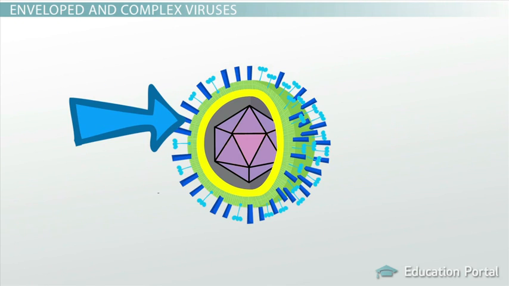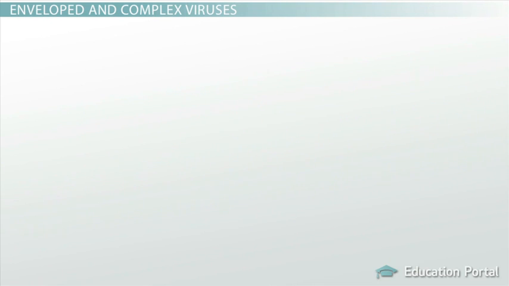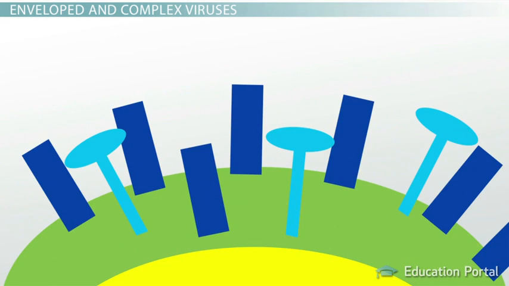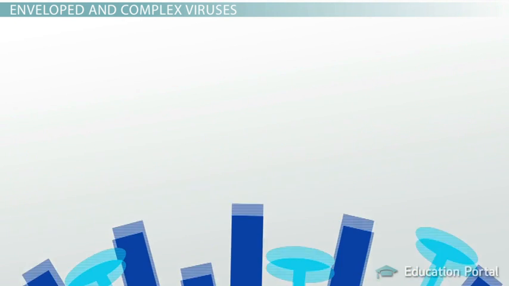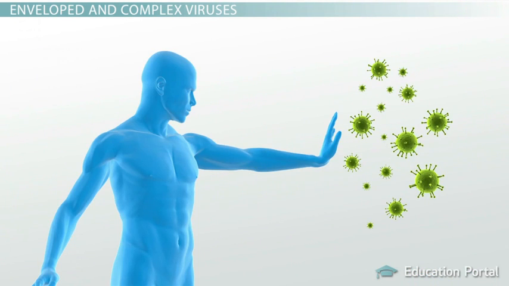The viral membrane isn't just made up of fat, the lipids. It also has special proteins called glycoproteins coded for by the viral genome. The glycoproteins are really important in helping the virus infect another cell or host, and in helping the virus avoid detection by your immune system, which is trying to kill the virus.